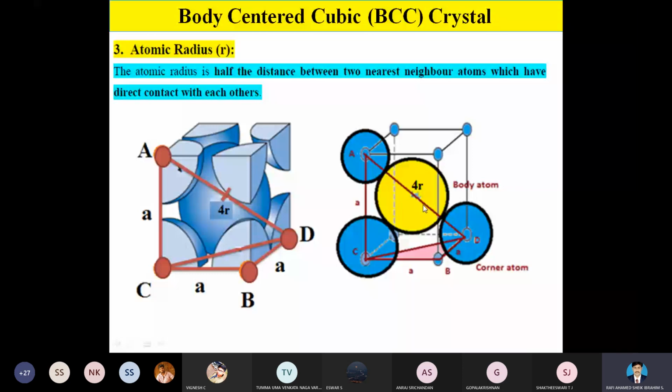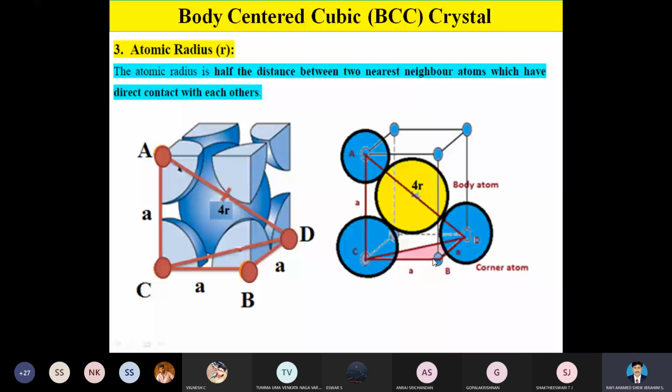Then I have considered another corner atom that I have shown in position D, and another corner atom in position C. See here, we have initially considered the triangle ACD. So here these corner atoms are interconnected to the body atom.